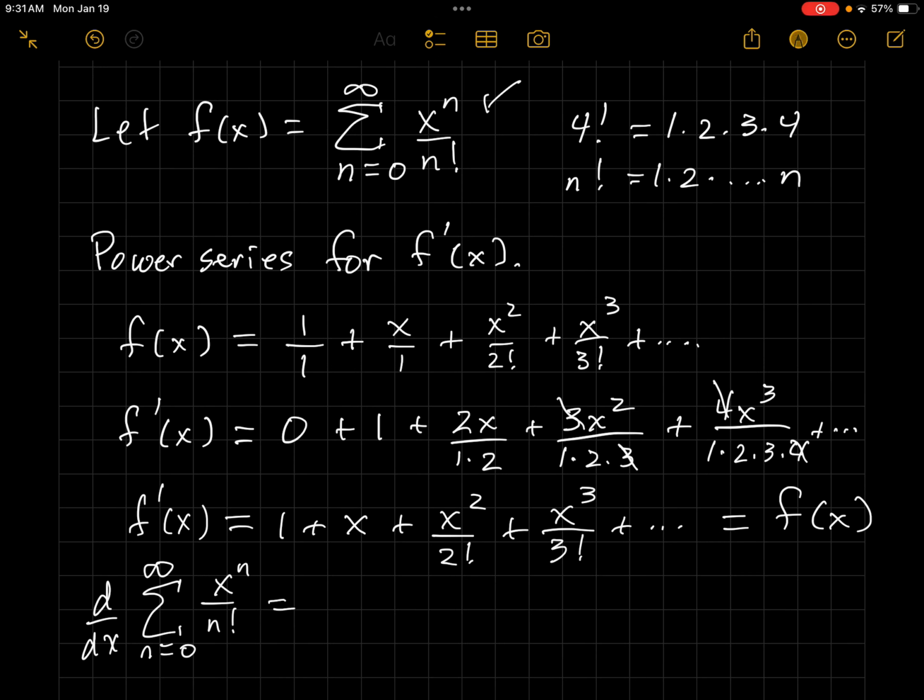Well, we're doing derivatives. Again, we have a constant rule, where the constant is 1 over n factorial. It's a different constant for every x to the n, but it's a constant. And then we have a power rule. So we get n equals something to infinity, we'll fix in just a bit, of 1 over n factorial times n times x to the n minus 1, the power rule for derivatives.